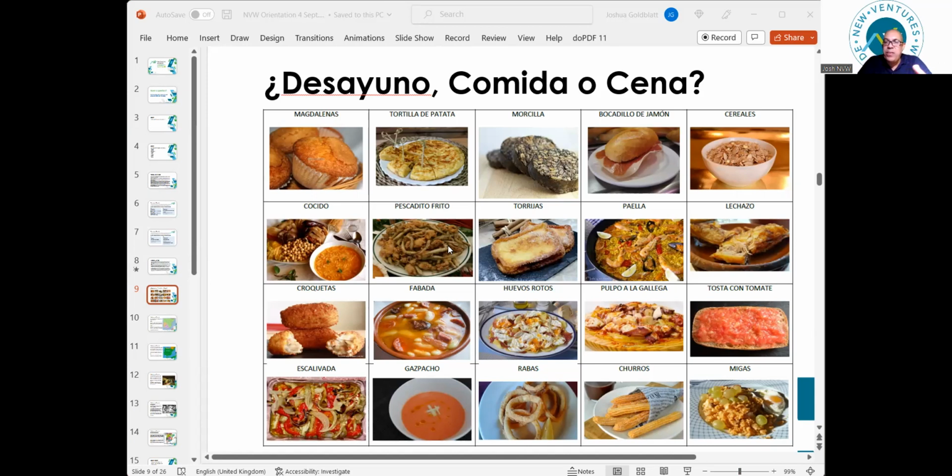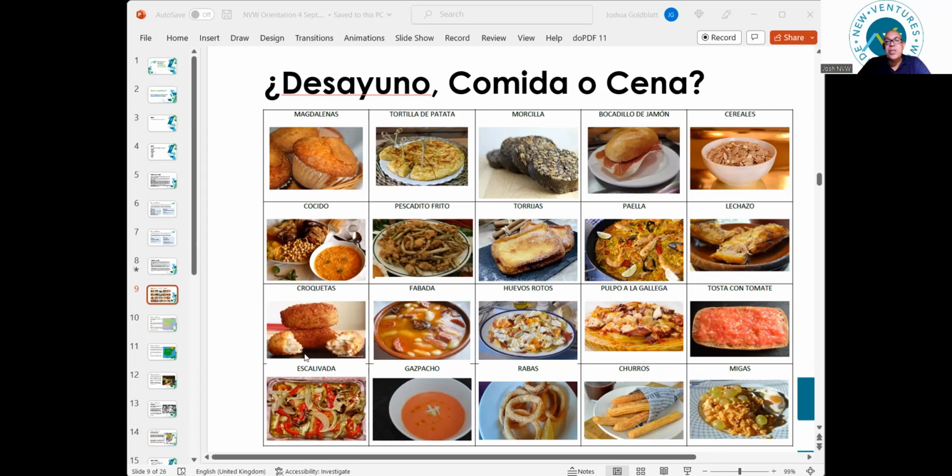So we can see that when things are easy to make, if we look here, things like torrijas, pescadito, bocadillo de jamón, huevos rotos, which is eggs with ham and fried potatoes, or croquetas, they tend to be quicker, and they tend to be the cena, the evening meal.